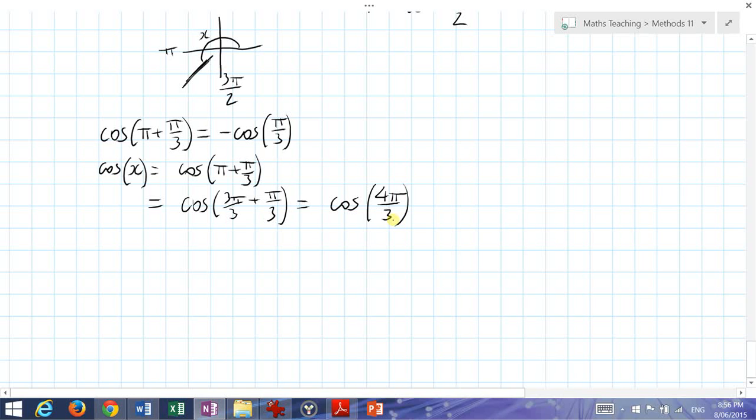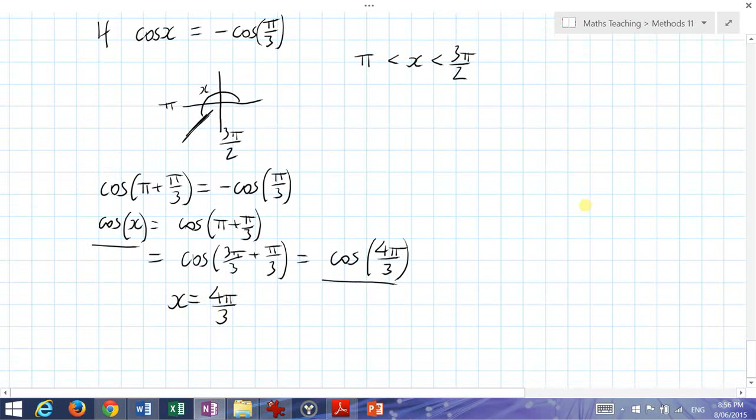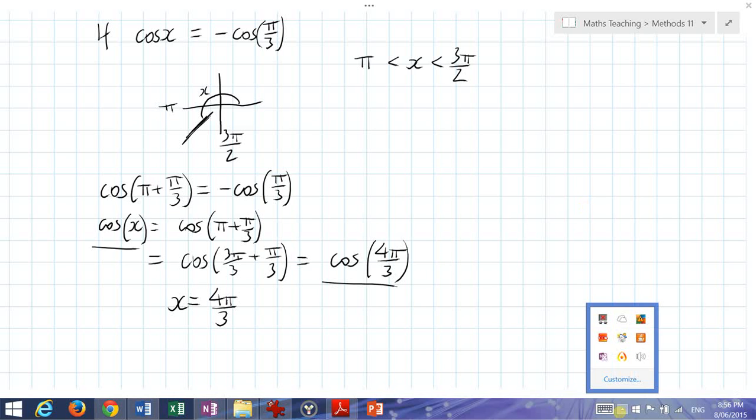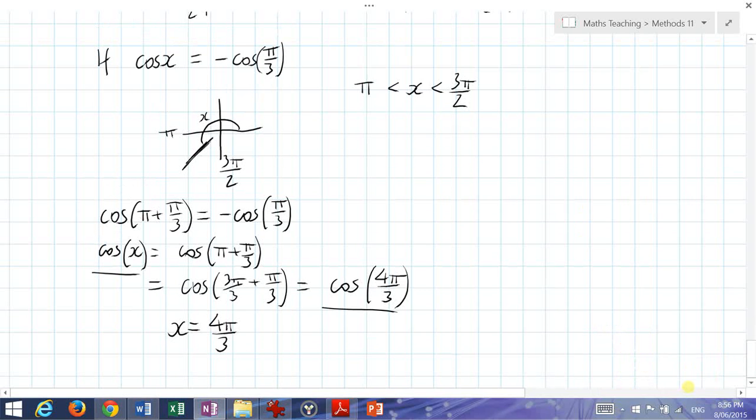If cos of x equals cos of 4 pi on 3, x is 4 pi on 3, and that fits because 4 pi on 3 is in between pi and 3 pi on 2. Effectively, we took pi plus pi on 3, because that put us in the third quadrant, and that turned out to be 4 pi on 3.